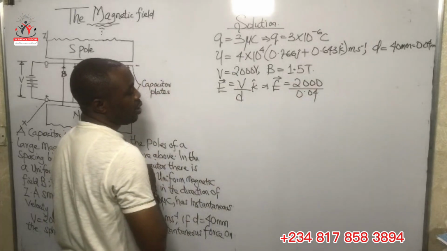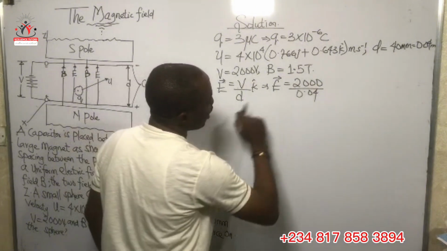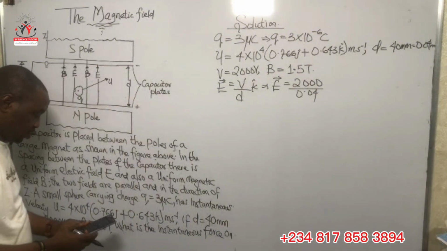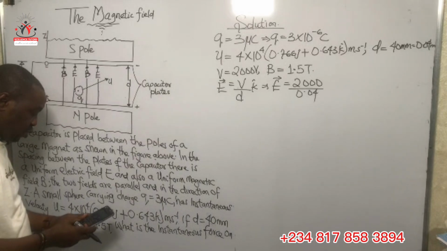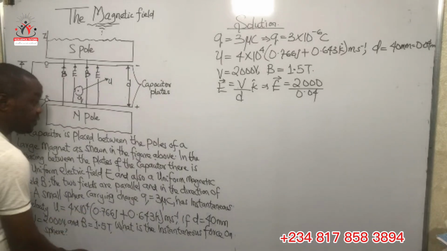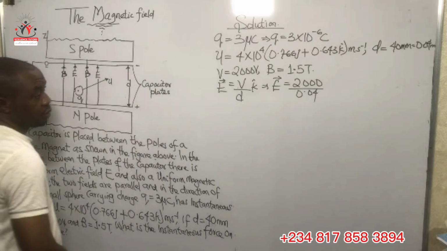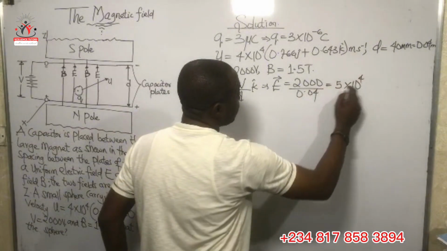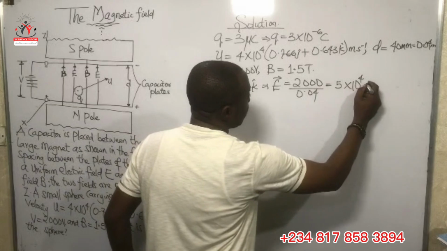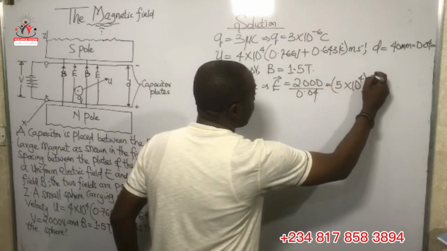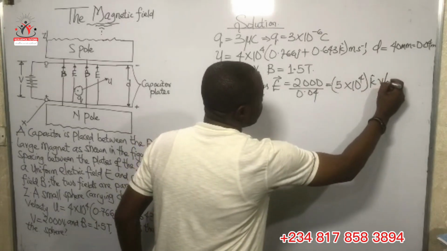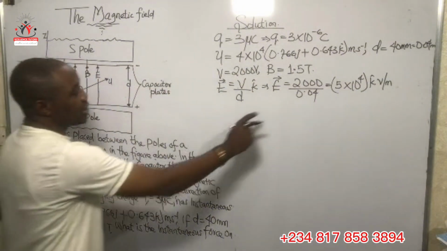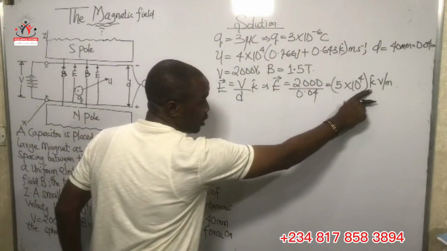When we divide 2000 by 0.04, that will be 50,000, which is 5 times 10 raised to the power of 4, along the unit vector K, and the unit will be volts per meter. That's the vector in the direction of Z.